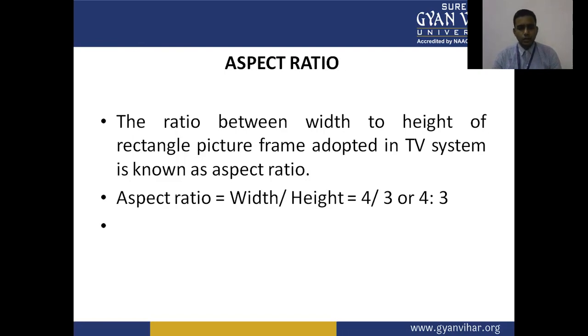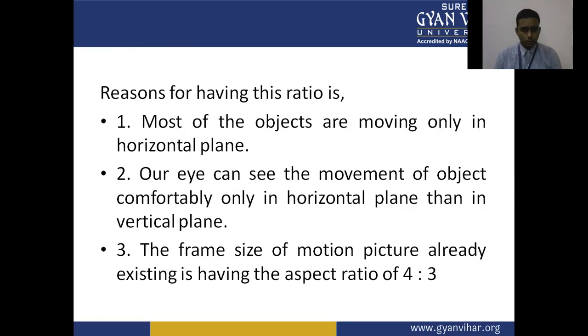So why do we need this ratio of 4:3? The main reason is that most objects move only in the horizontal plane, because a moving object moves in the horizontal plane. Our eye is able to see the movement of objects comfortably horizontally more than in the vertical plane.